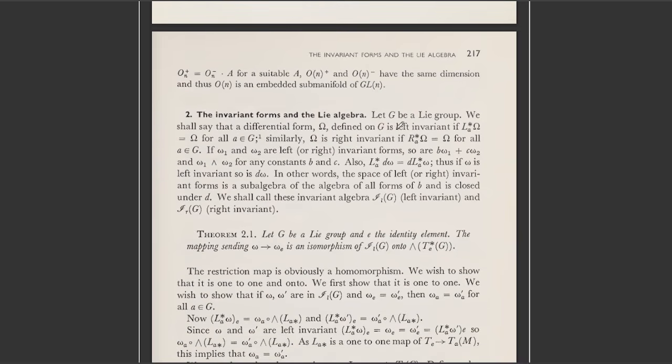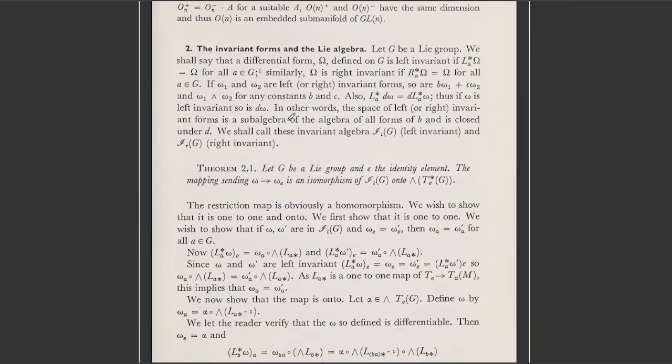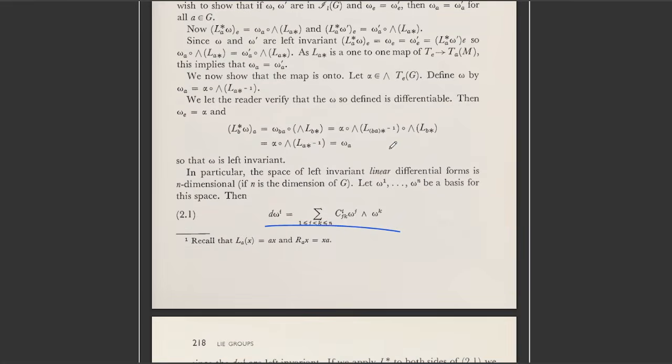She'll say that the differential form is left invariant and right invariant for all a in G. If omega 1 and omega 2 are left or right invariant forms, then omega 1 wedge omega 2 is too. In other words, invariant forms are a subalgebra of the algebra of forms. We should call it the invariant algebra, and then the right invariant. So they're developing what a Lie group is.